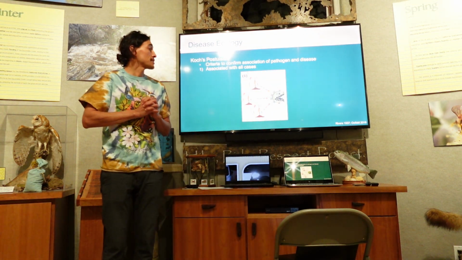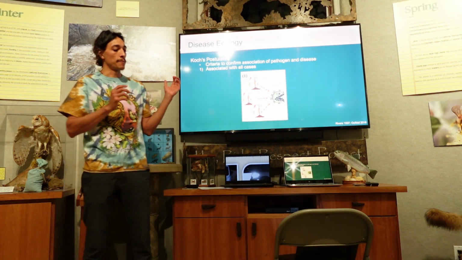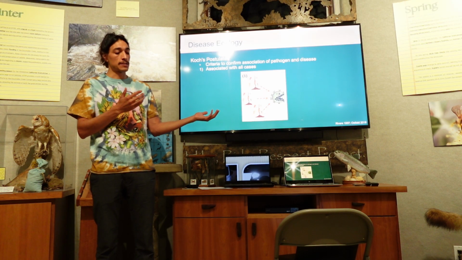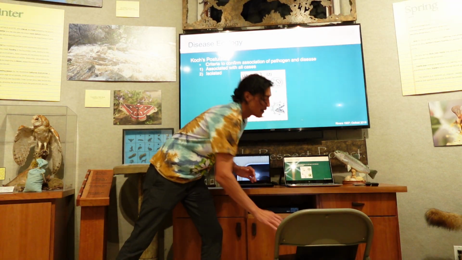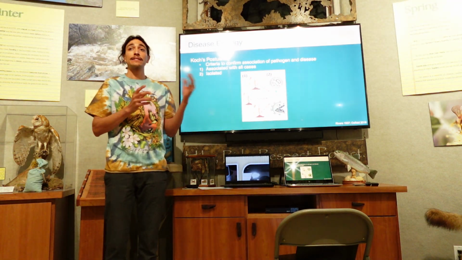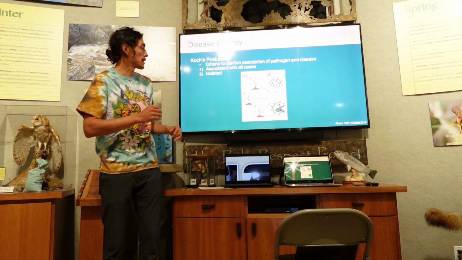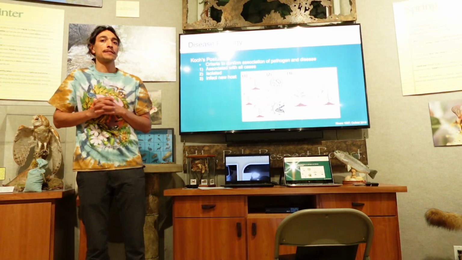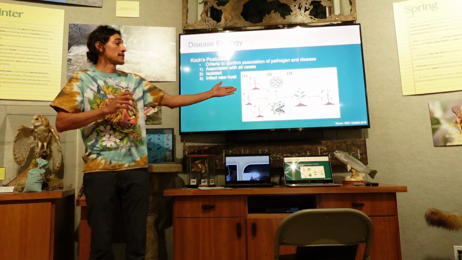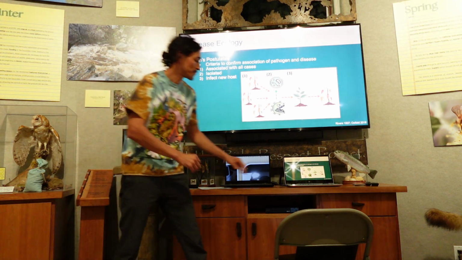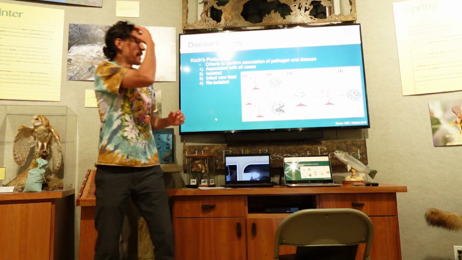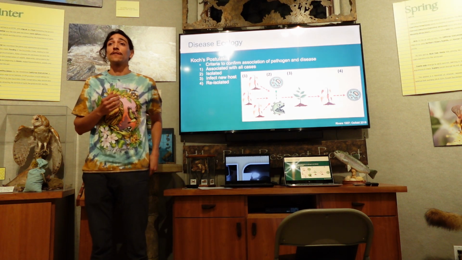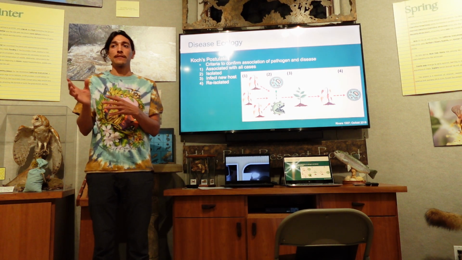And so these postulates included first demonstrating that a pathogen was associated with all known cases of a disease, that the pathogen could be isolated and cultured from the diseased individuals, and that the disease could be introduced to healthy individuals demonstrating the same symptoms. And then lastly, that the pathogen could be re-extracted and isolated from the newly infected host.